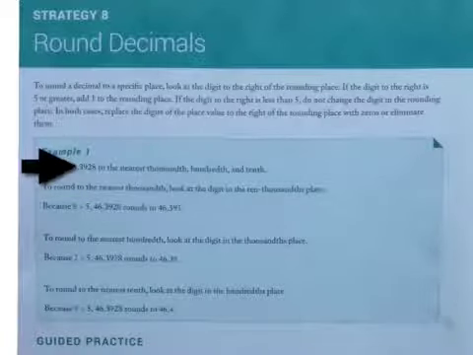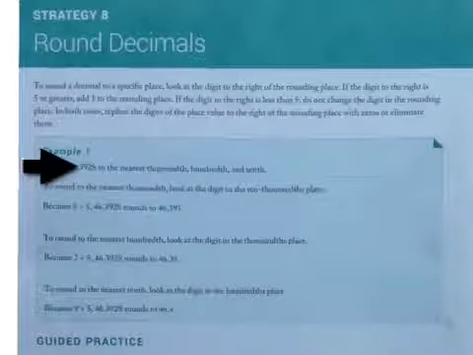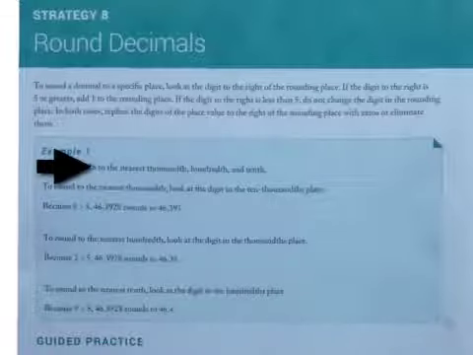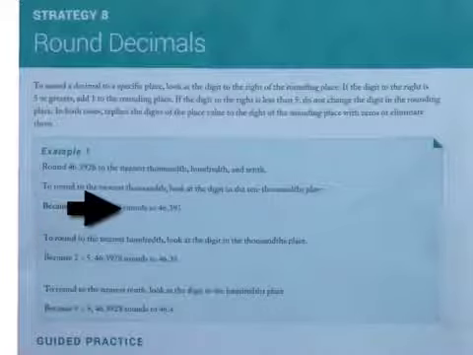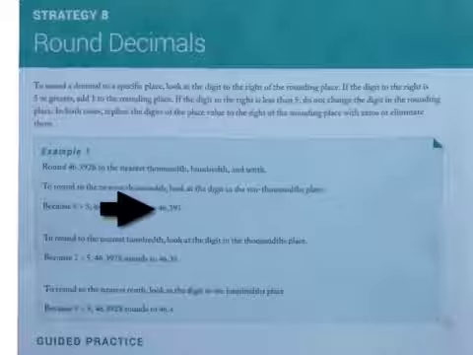So if we're looking here, there's our 10th, there's our 100th, there's our 1,000th, and there's our 10,000th. And it says because the 8 is greater than 5, we're going to round to 46.393. You notice the 2 changed to a 3, and they just dropped the rest off. Now you could add 000, but we're just going to eliminate it.